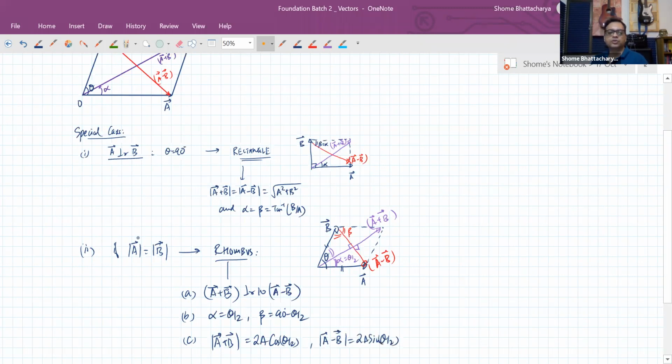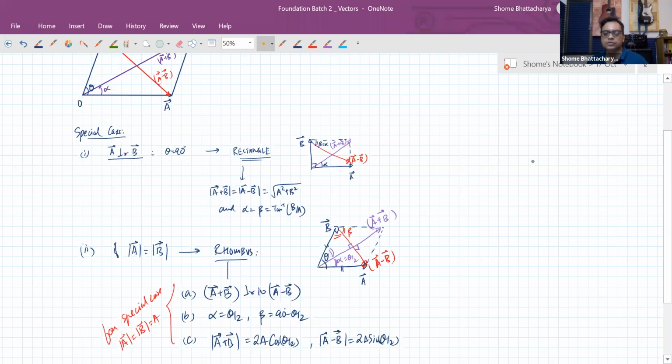So this becomes a sort of shortcut, but of course these are true for the special case that magnitude of A is equal to magnitude of B is equal to A. So this was the very important application of the parallelogram law in these two special cases. One is when we are dealing with perpendicular vectors, and the other is when we are dealing with vectors of the same magnitude. So we saw that a lot of different types of questions can be solved easily by this.